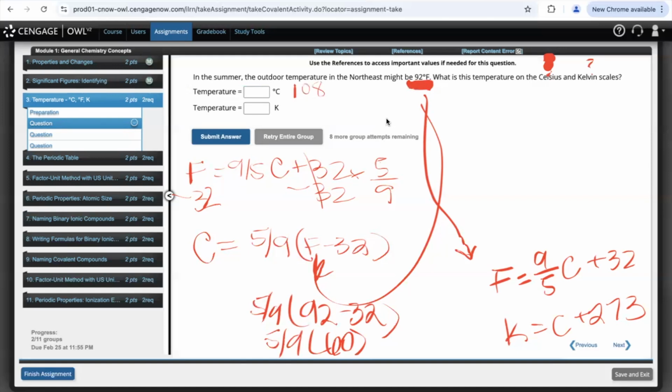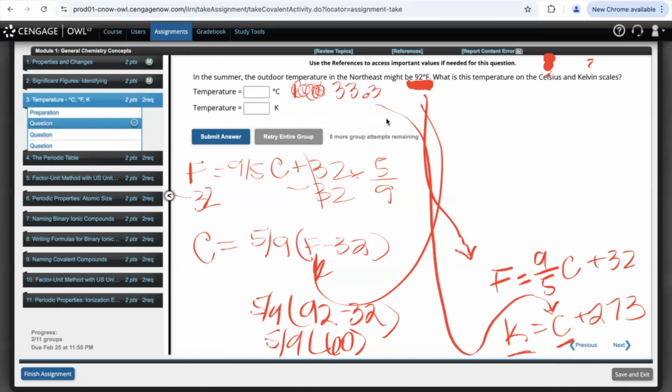All right, and I got 33.3. Then the next formula, going to Kelvin, is really simple when you have Celsius. So we just solve for Celsius. In fact, I just take this, getting really messy here, and plug it in here.